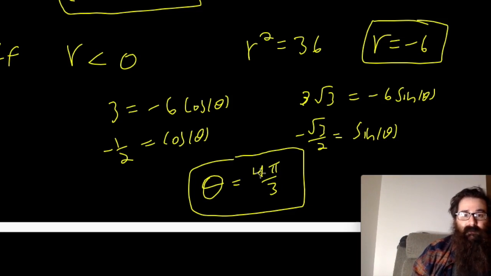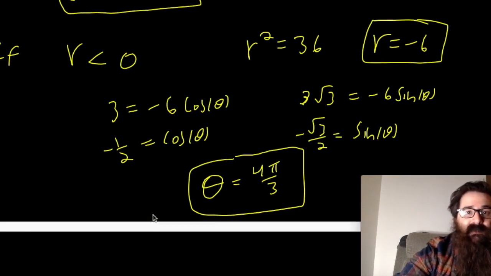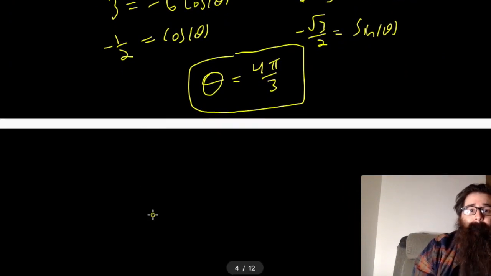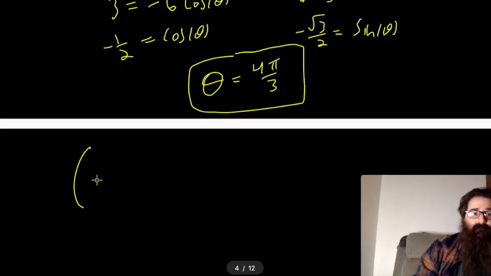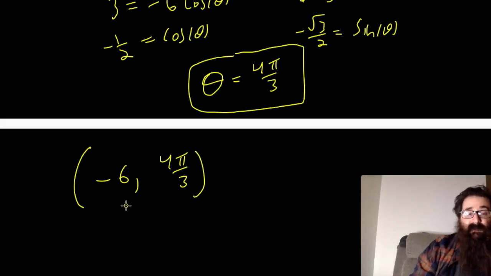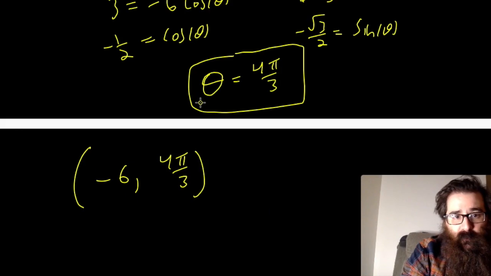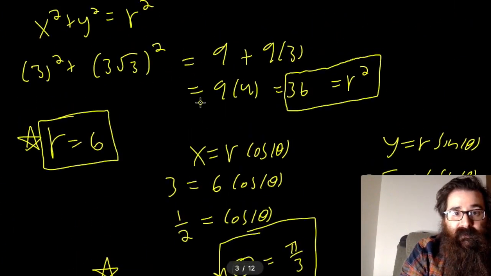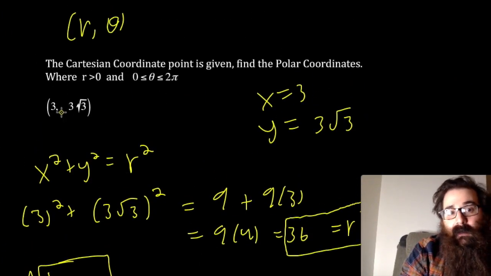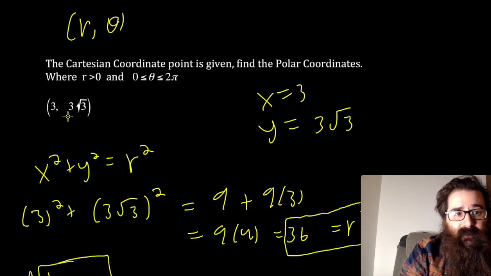That gives us another polar point where r is negative 6 and theta is 4 pi over 3. So we have these two different polar points that give us the same location as this Cartesian point, 3 comma 3 radical 3.